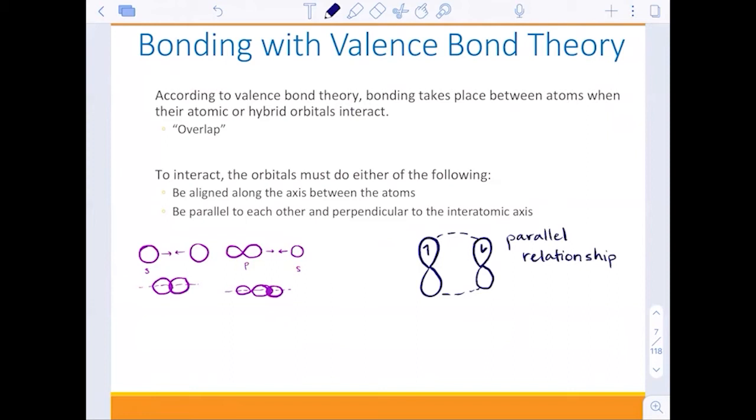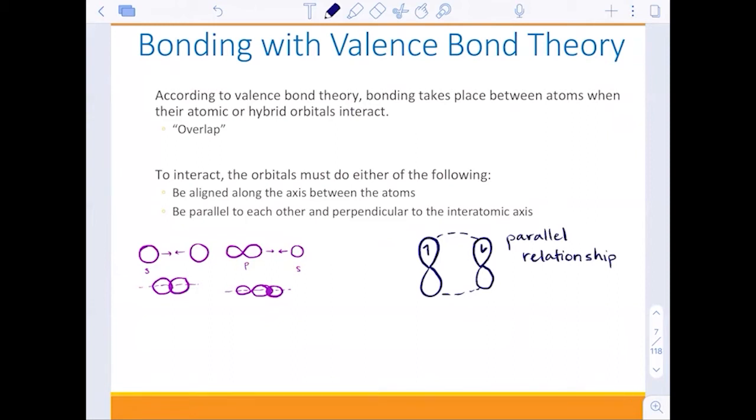I know, Lauren's insane. But the parallel relationship is weaker than the axis relationship. And so when we're looking at these two different types of relationship, we will see them come into play in valence bond theory as we start to describe Lewis theory, VSEPR theory, and how the overlap occurs.